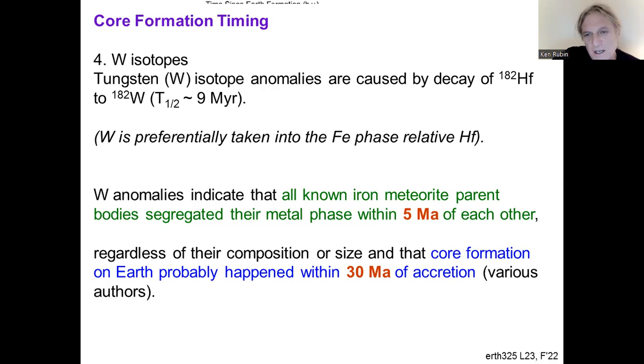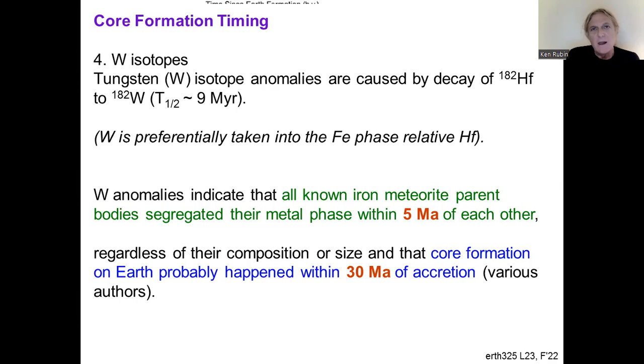Hafnium decays to tungsten. So there was hafnium still alive, which gives us a tungsten 182 excess or deficit signature, or less tungsten 182 left in the silicate Earth than we would have expected if the core formed after the hafnium decay to tungsten had been complete. These timescales are somewhere between about 5 and 30 million years.